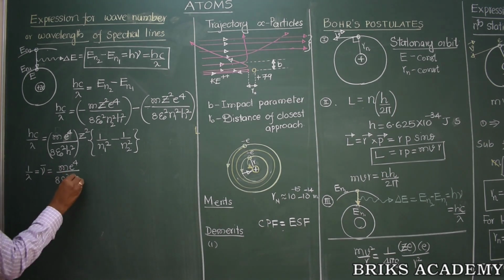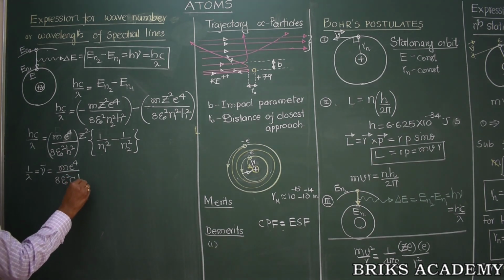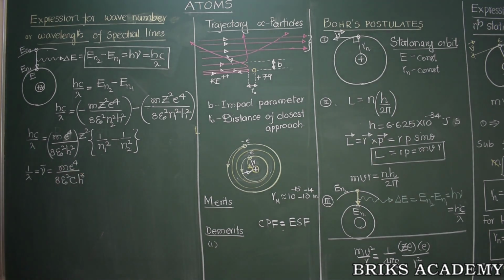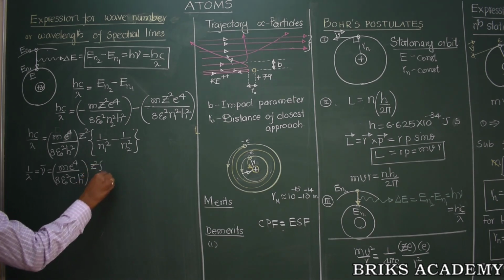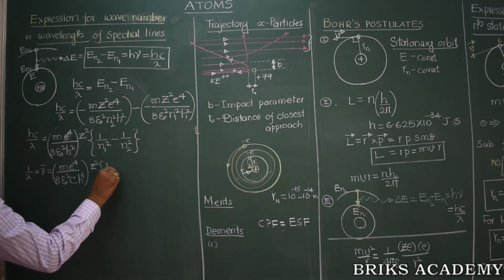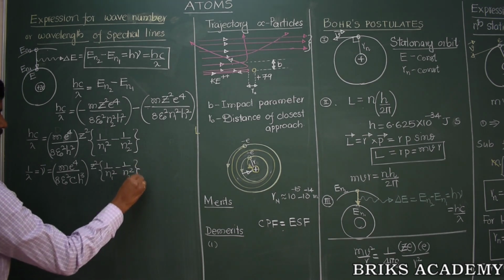I have brought the c and the h down to the second side, cross multiplied to the h square, and therefore it becomes h cube, m e power 4 divided by 8 epsilon naught square c h cube into z square into 1 by n1 square minus 1 by n2 square.